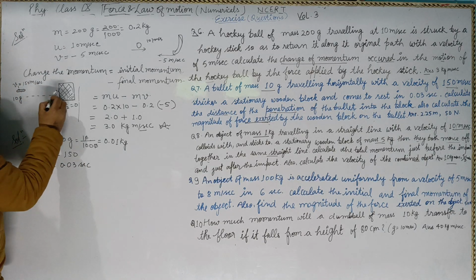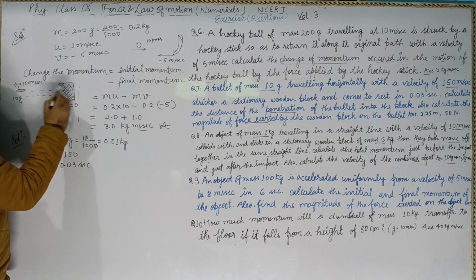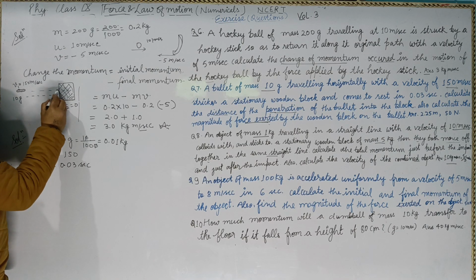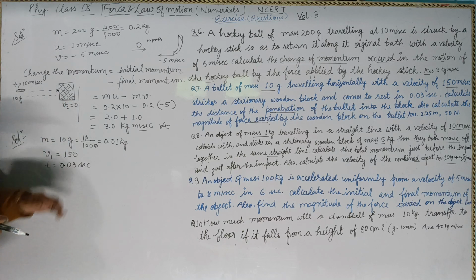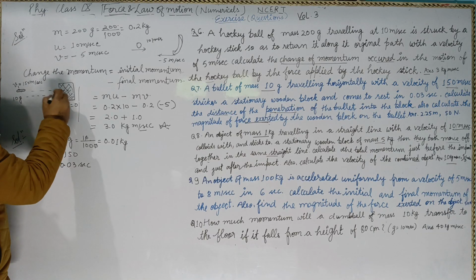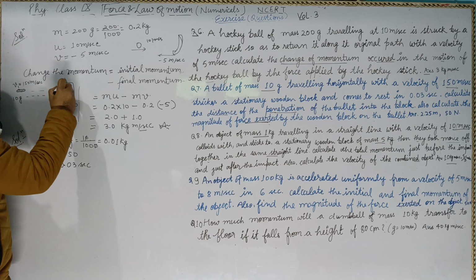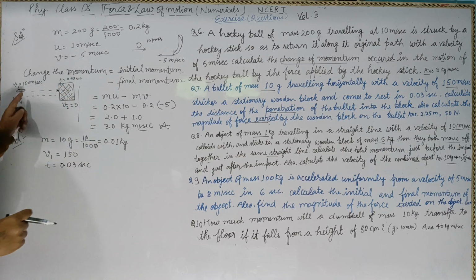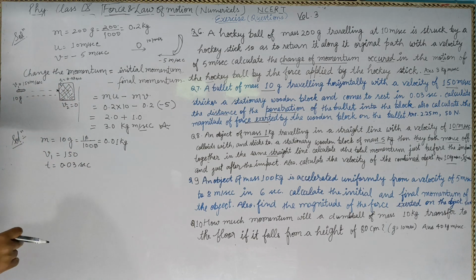When the bullet strikes this block, its velocity will be 0 in 0.03 seconds. Time is given t is equal to 0.03 seconds. It comes to rest.